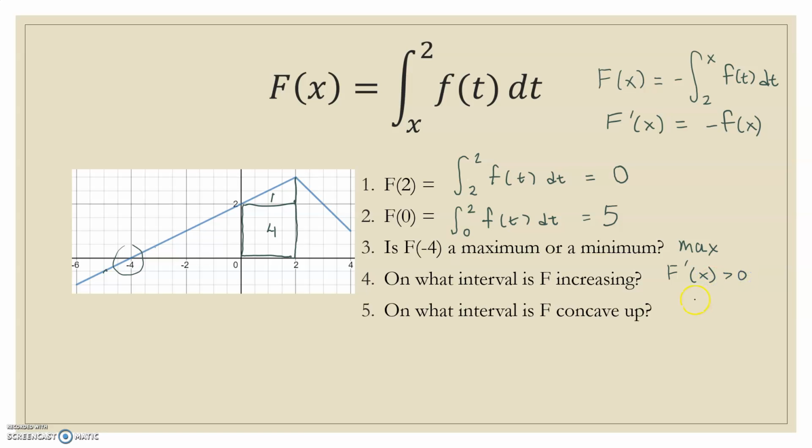And f prime would be greater than 0 whenever negative little f is greater than 0. Or another way of thinking about that is where f of x is less than 0. So it looks like it would be from negative 6 to negative 4.